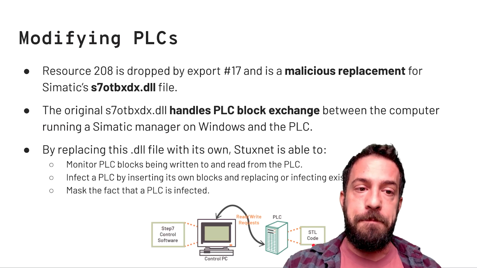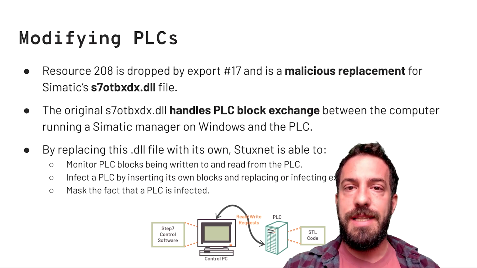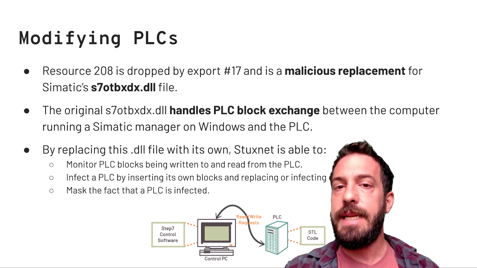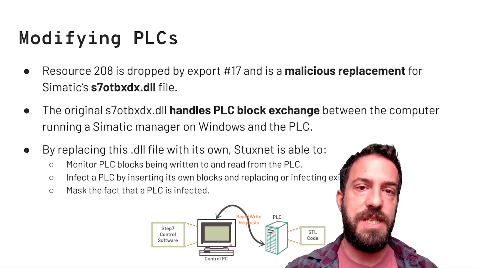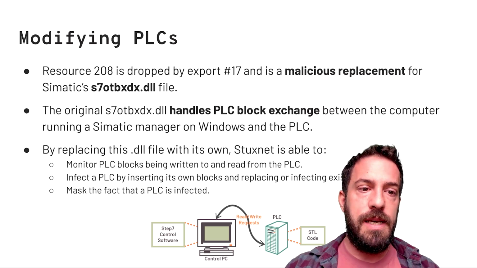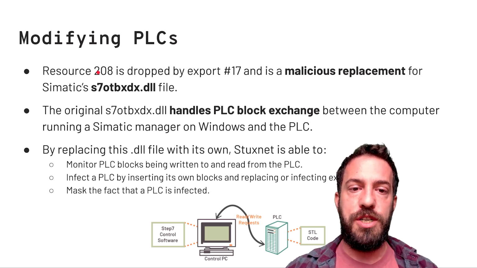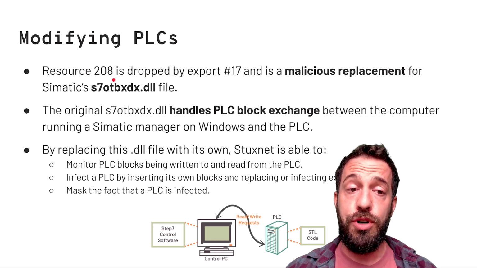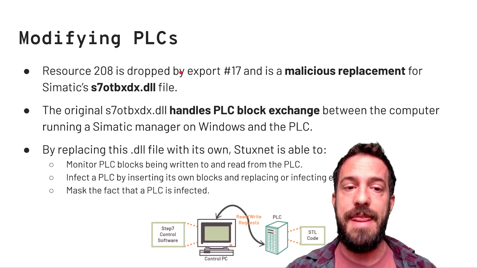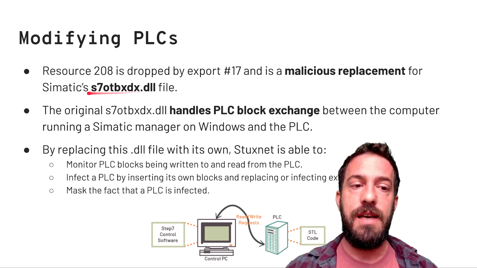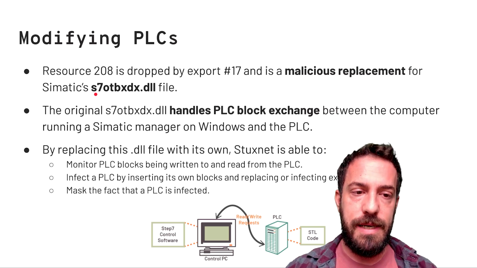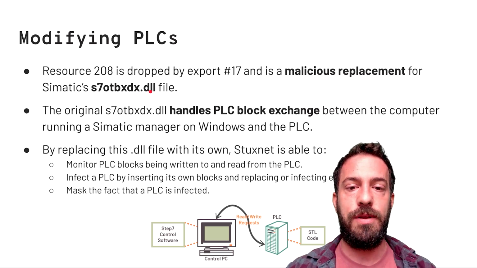Now, let's discuss how Stuxnet was interfering and intercepting the communication between the Windows machine and the PLC. Export 17 of the main Stuxnet DLL would drop resource 208, and that would be a malicious replacement for Siemens Simatic S7otbxdx.dll.